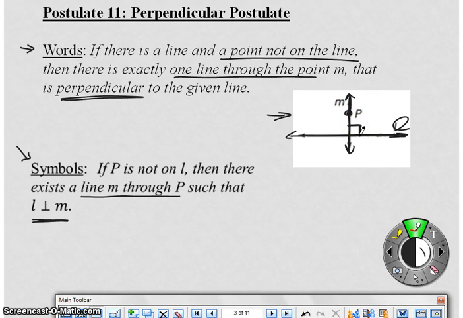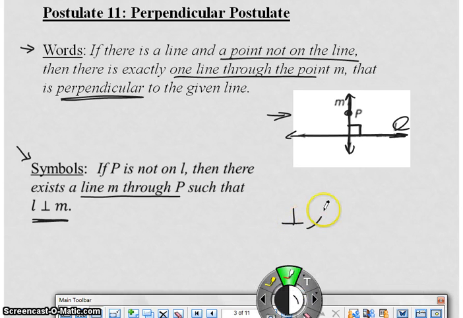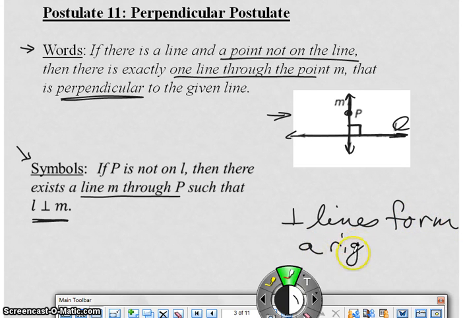Because remember, all perpendicular lines have to form a right angle. Perpendicular lines, I'm just adding this in, form a right angle. That is definitely a basic knowledge level item, that perpendicular lines form right angles.